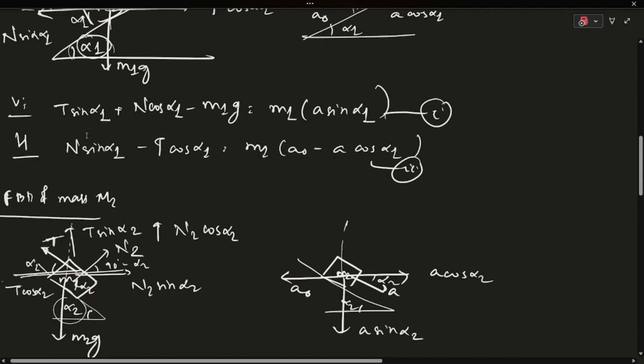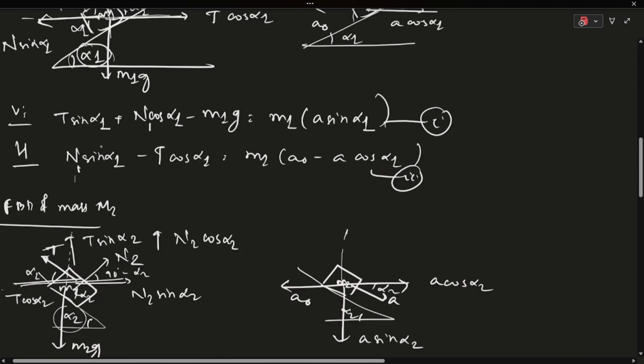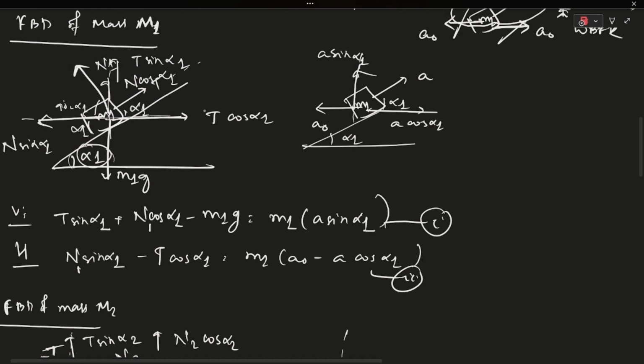So equation 1 is T sin alpha 2 plus N cos alpha 1. The second equation is N sin alpha 1 minus T cos alpha 1. I think I missed writing N1 here. The second is correct. So if we multiply equation 1 by sin alpha 1 and equation 2 by cos alpha 1, then if I subtract, they will cancel.